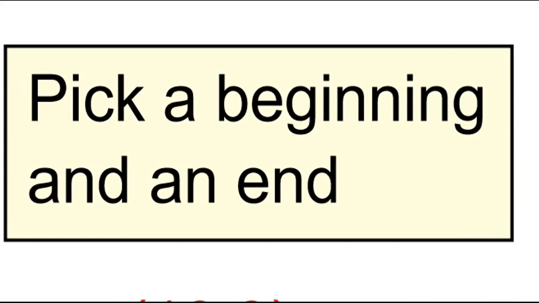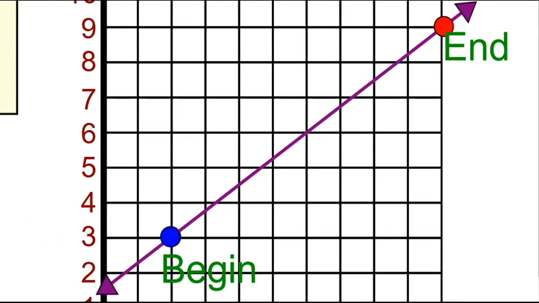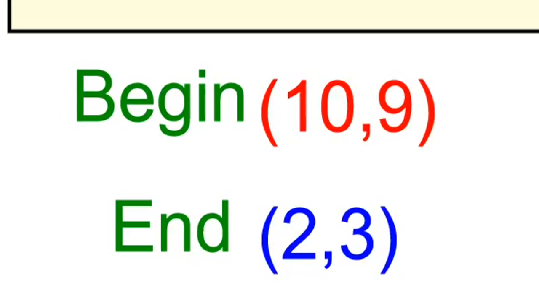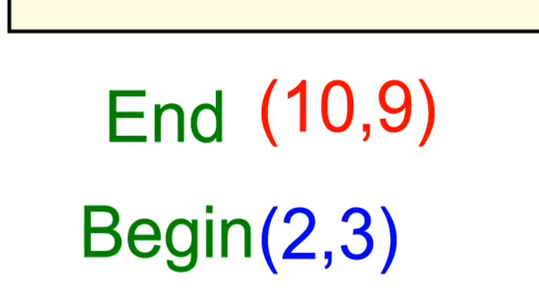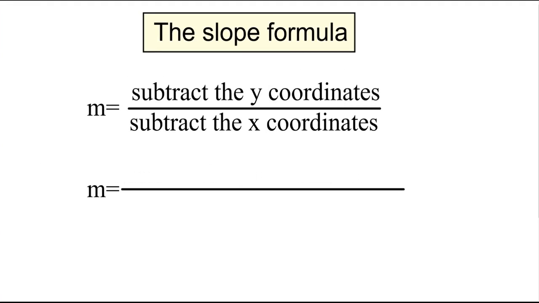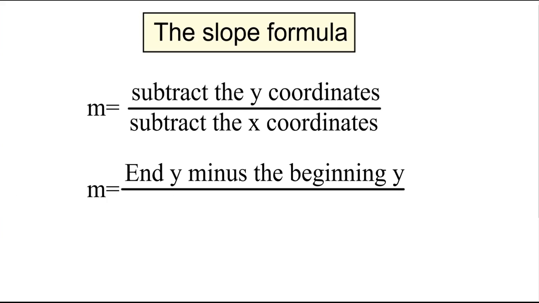So we must pick a beginning and an end. We could begin and end this way, or begin and end that way. But since we are doing this without a graph and using a formula, let's just look at the coordinates. So we might want to think of our formula as the end y minus the beginning y on top, and the end x minus the beginning x on bottom.